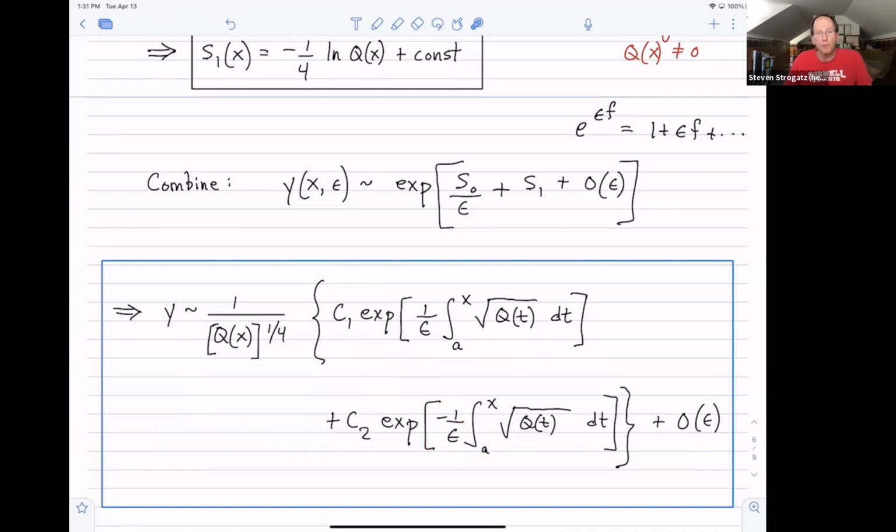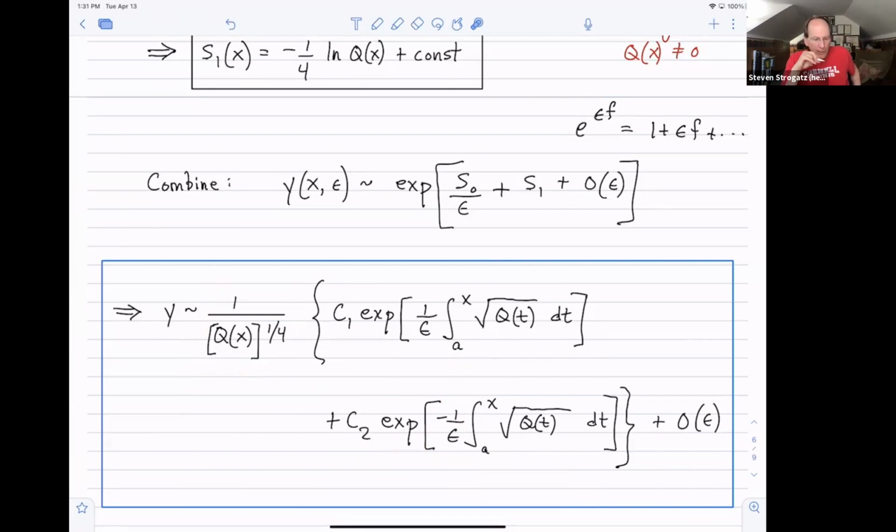So you get basically a superposition of exponentials with this 1 over epsilon factor in them and this interesting modulated x dependence in here involving the square root of q. But then there's this interesting amplitude factor that involves q to the 1/4 power, the 1/4 I was making a big deal about.